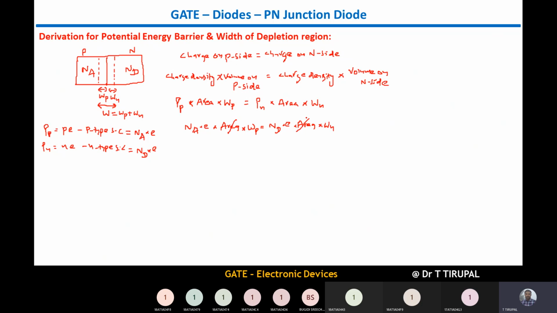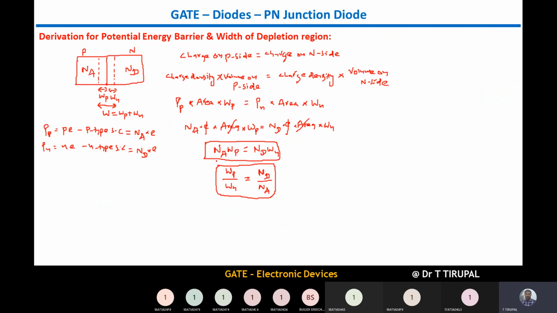Area cancels, e cancels. So the equation is Na into Wp equals Nd into Wn, or Wp divided by Wn equals Nd divided by Na. This is a very important equation.